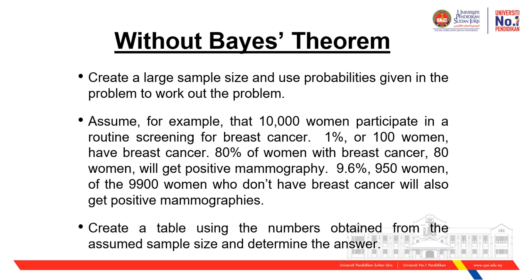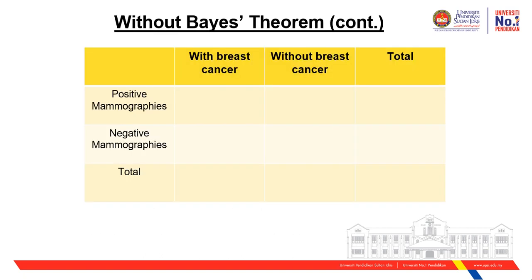Basically what I want you to learn here is how to use the formula for Bayes theorem without assuming the population. But let's continue this example without Bayes theorem. From the data we got just now, first we assume that there are 10,000 women, of whom 1% have breast cancer, which is 100 women, and of course the rest will be 9,900 women without breast cancer.